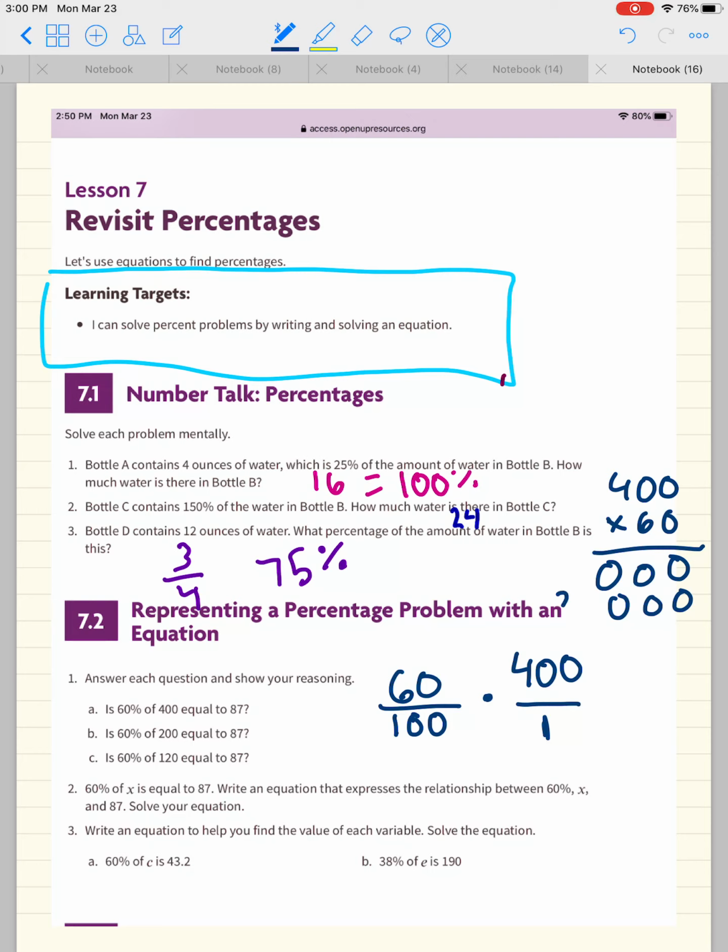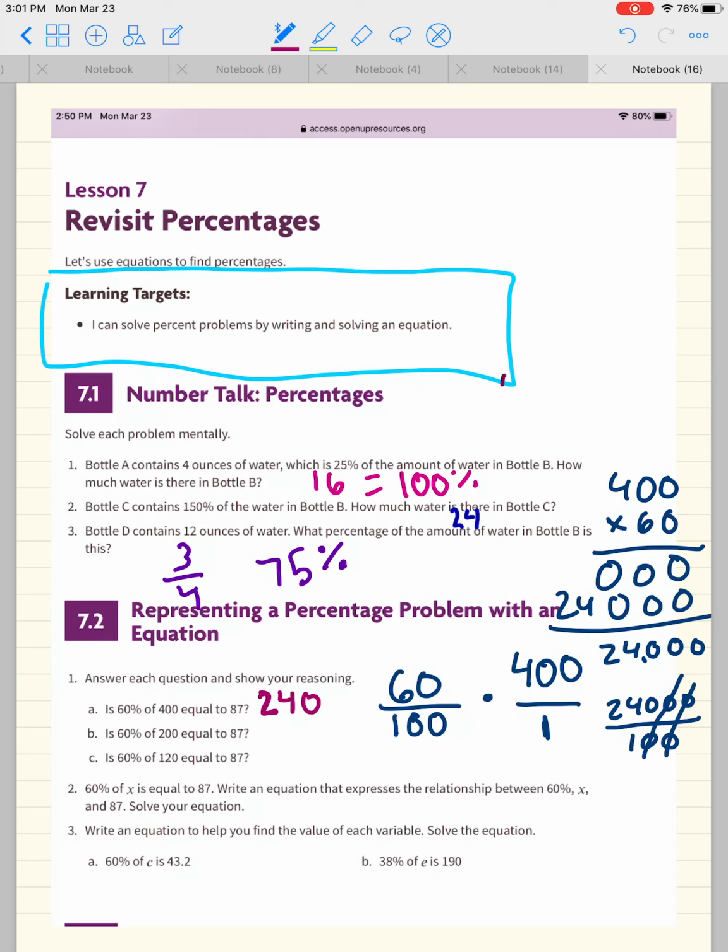Okay, 6 times 0 is 0, 6 times 0 is 0, 6 times 4 is 24. We're going to end up with 24,000 over 100. We can get rid of 2 zeros, and the answer is 240.